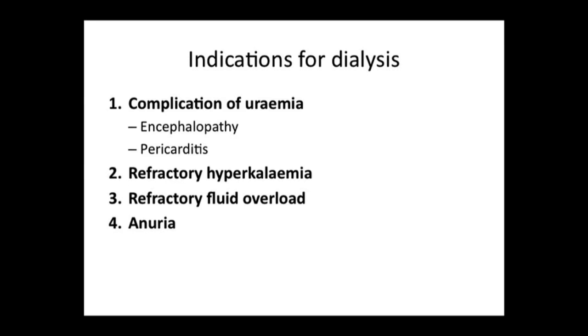If they have hyperkalemia, elevated potassium that's not responding to your insulin and dextrose, they need to be dialyzed. If they've got edema that's not responding to diuretics, they need to be dialyzed. And finally, and very importantly, if they're not passing any urine at all over a long period of time, they need to be dialyzed as well, because they're going to get these very, very soon.